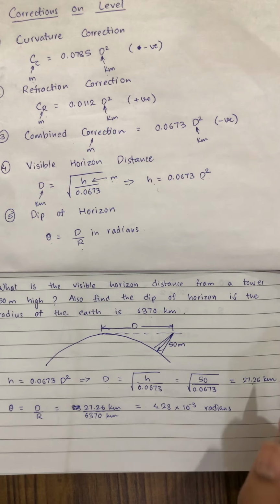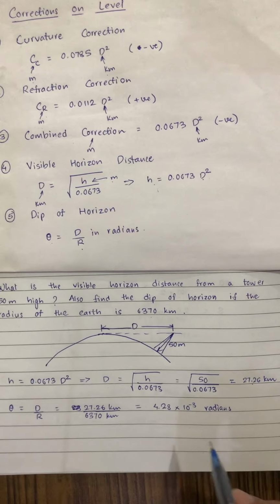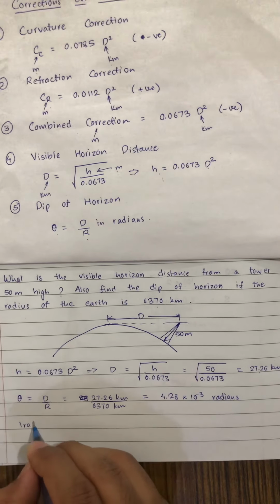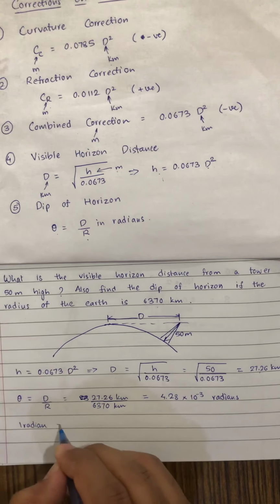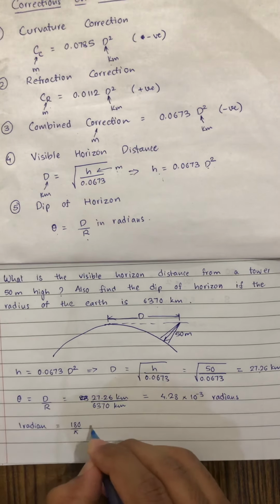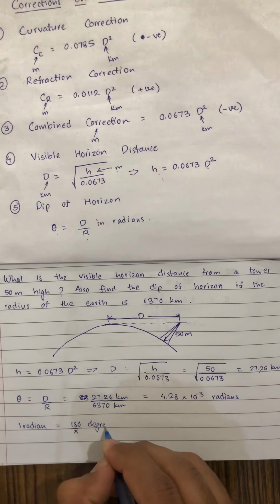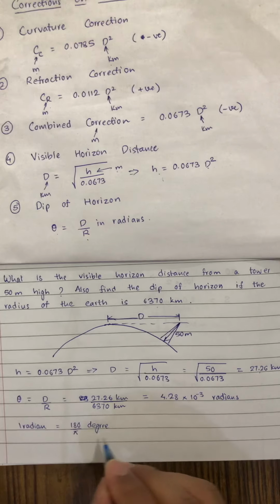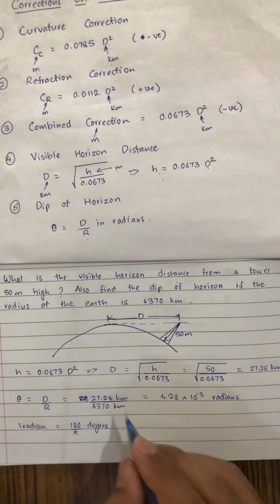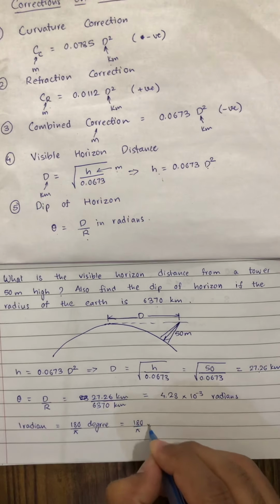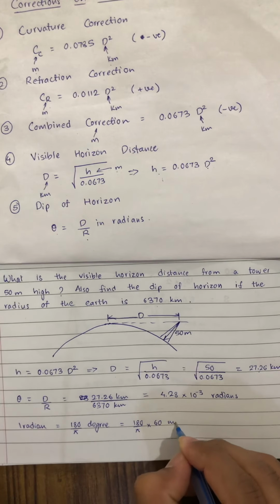If we need to convert this radians into minutes, we know that 1 radian is equal to 180 by pi degree, and 1 degree is equal to 60 minutes. So this will become 180 by pi into 60 minutes.